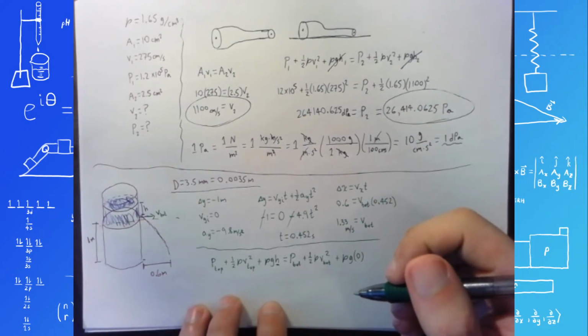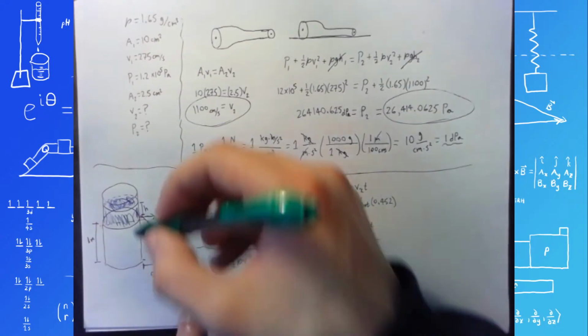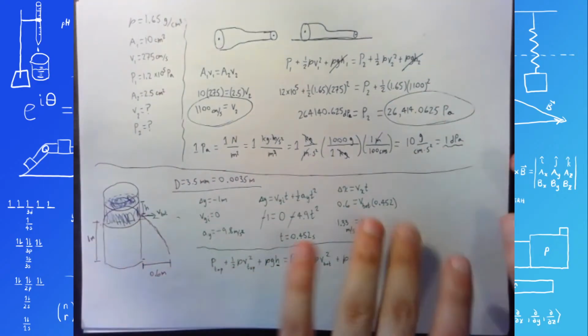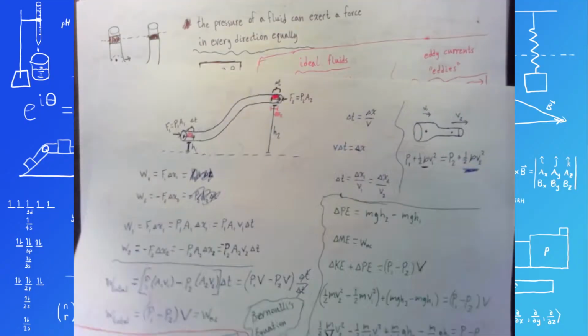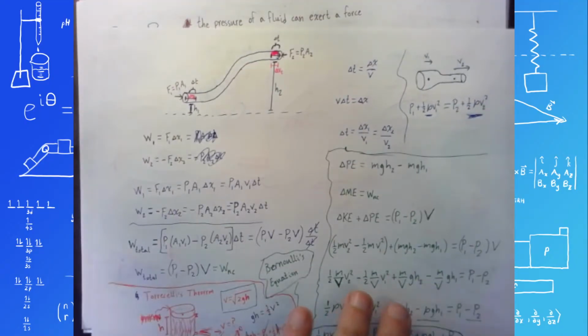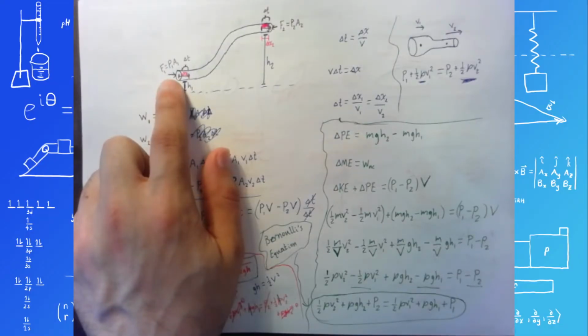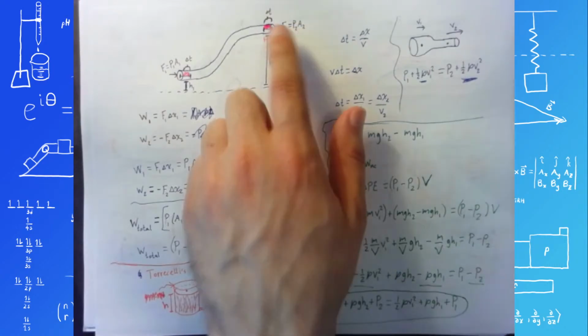So that's gone. Pressure at the top is atmospheric pressure. Pressure at the bottom, the external pressure that you're pushing against, right? That was how we were deriving Bernoulli's equation to begin with. We talked about the force exerted by an external pressure on this side versus the force exerted by an external pressure on this side.